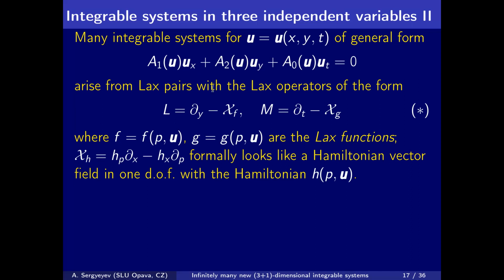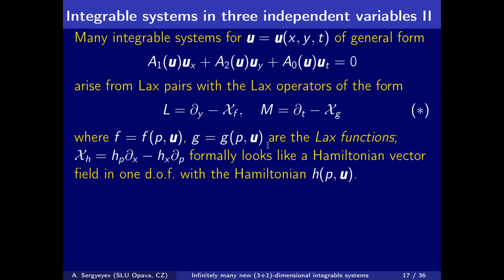Okay, so in this second class of 3D integrable systems, what one has is systems of this form, so quasi-linear homogeneous first order systems, and the Lax operators have the form star. Okay, so U is of course the vector of dependent variables.